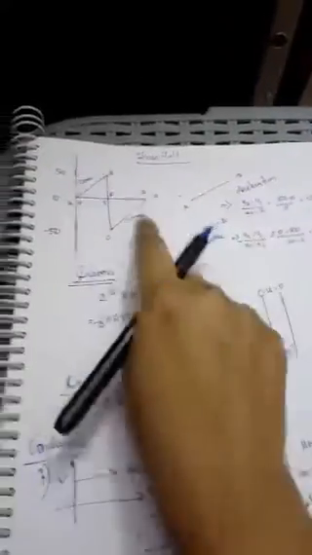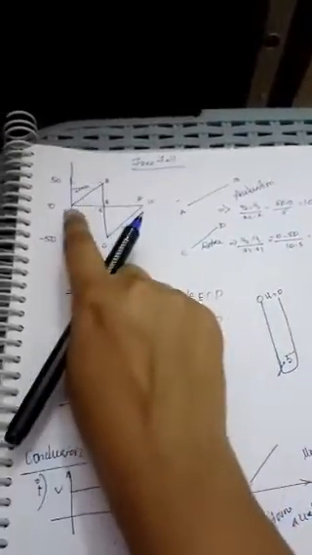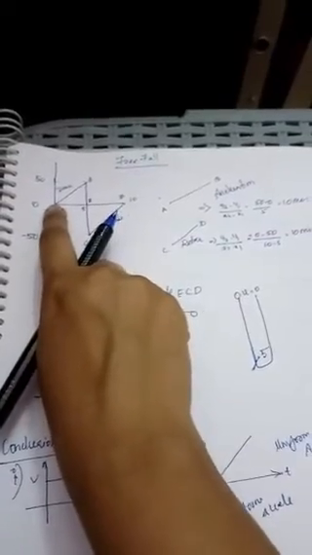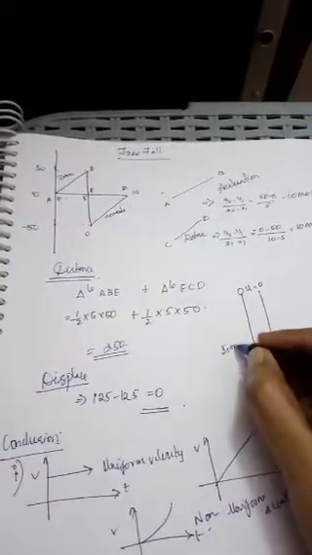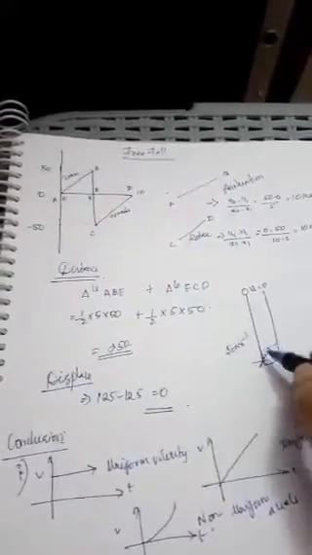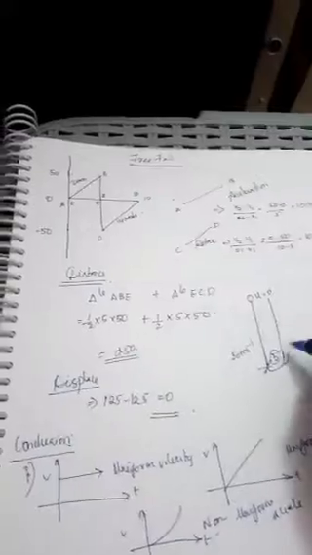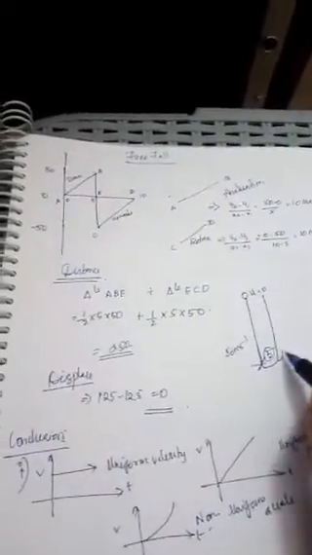So this is the graph of your ping pong ball. First I'm dropping. At 0 second it is having 0 velocity. Then after 5 seconds it is reaching the ground with a velocity of 50 meter per second. After this 5th second, it is going to go up. Why is it taken as negative?